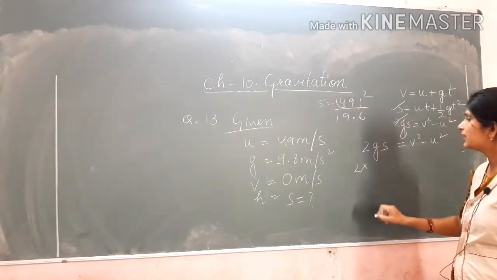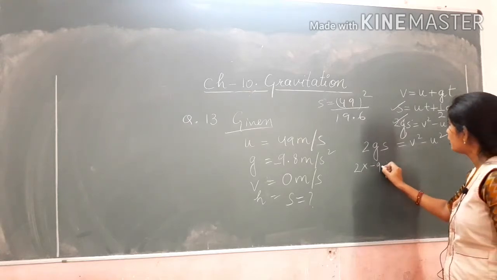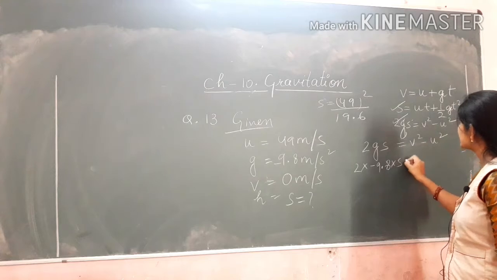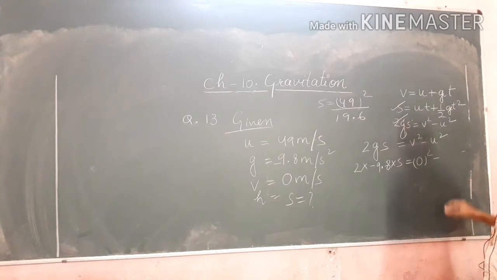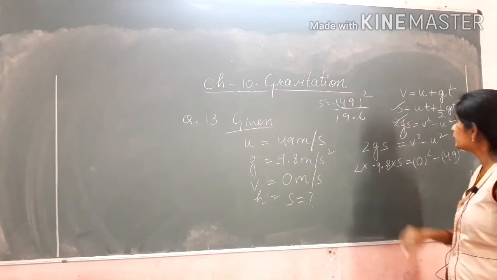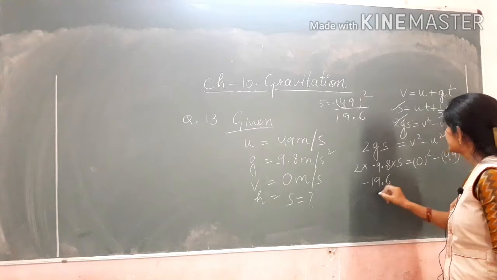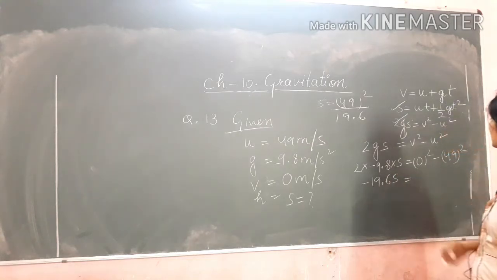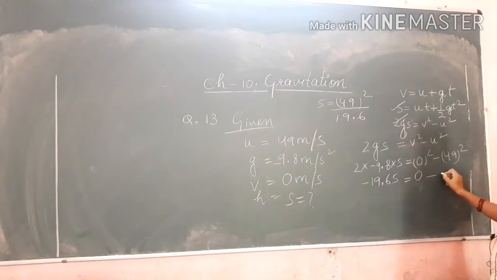2 into g, g is minus 9.8, into s is equal to v square, v is 0 square, minus u, 49 square. 2 into minus 9.8 is minus 19.6, into s is equal to square of 0, 0, minus square of 49, it is 2401.